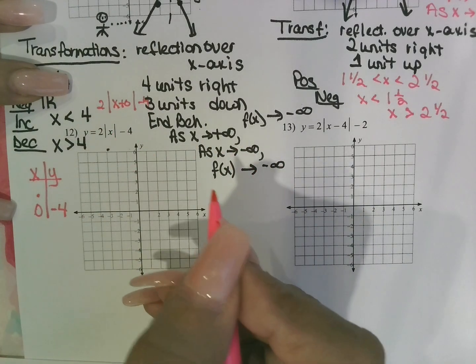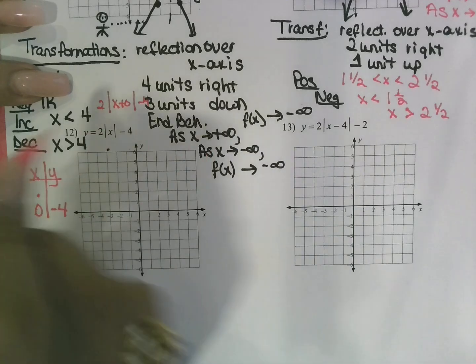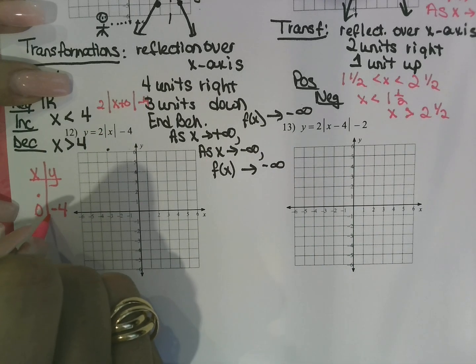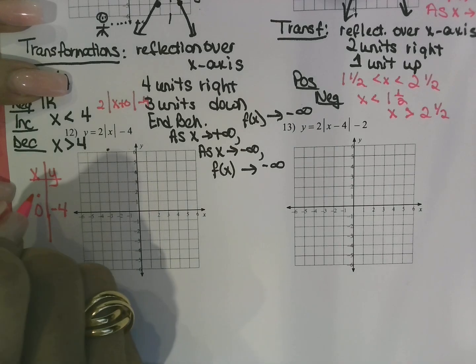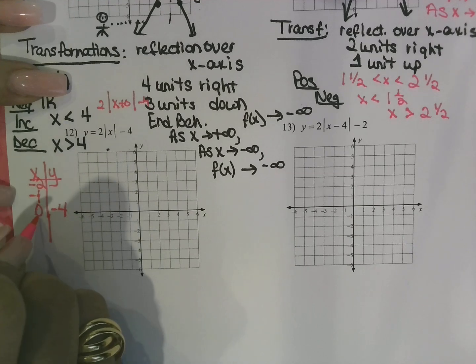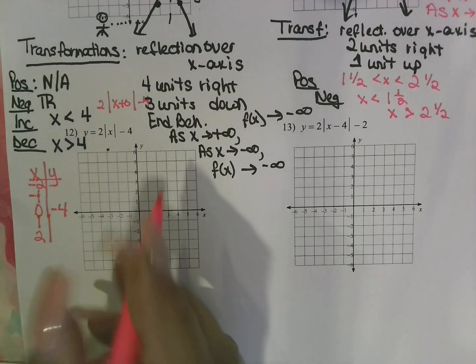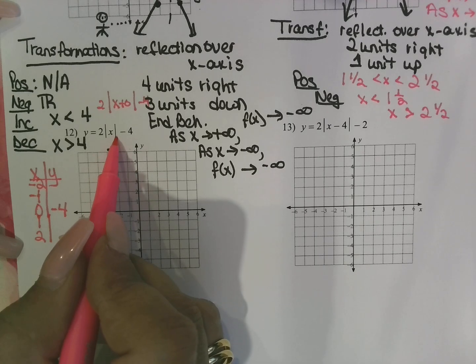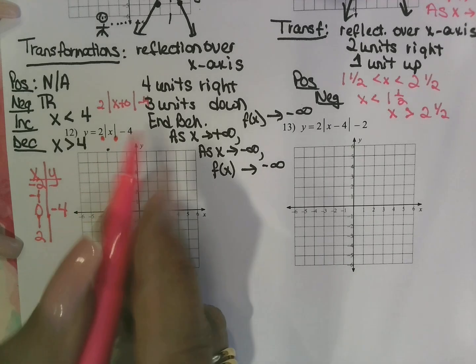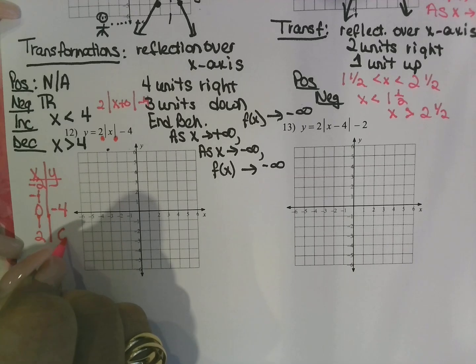So it's 0, -4. I'm going to find some values, get some numbers that are smaller than 0, so -1 and -2, and bigger than 0, 1, and 2, and plug those in. So if I plug in a 2, the absolute value of 2 is 2. 2 times 2 is 4. 4 minus 4 is 0.